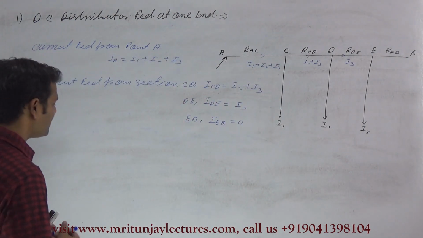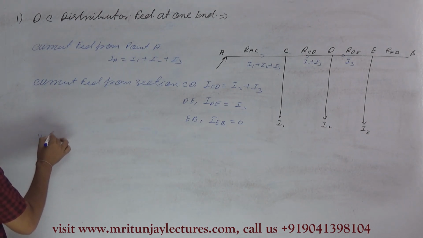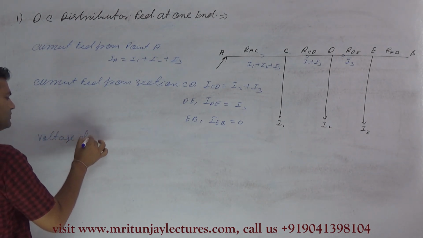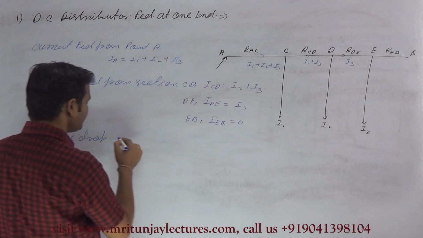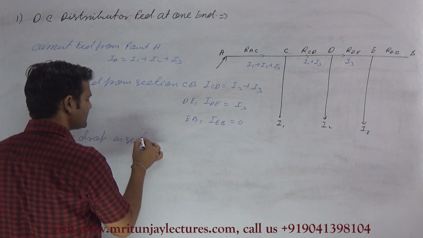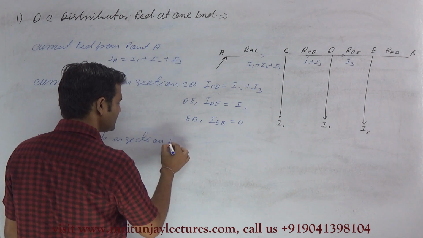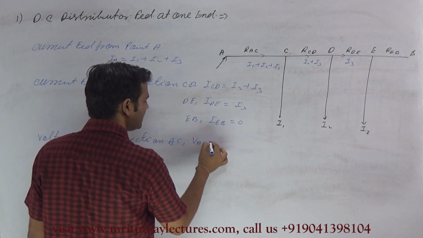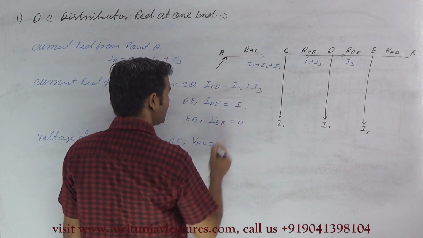Now next one, voltage drop. The voltage drop corresponding to this section, V of AC. What about resistance and current?